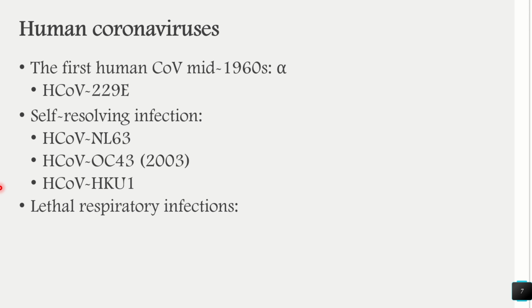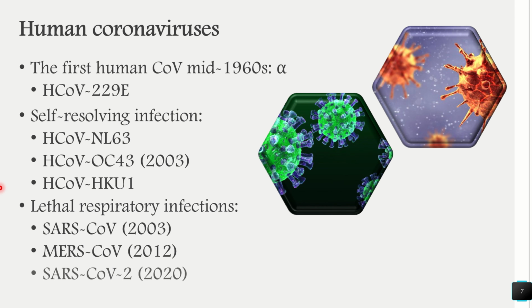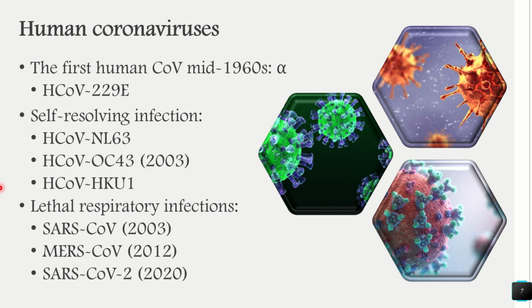There are also severe acute respiratory syndrome coronavirus, SARS-CoV-1, Middle East Respiratory Syndrome coronavirus, MERS-CoV, and the newly identified severe acute respiratory syndrome (CoV-2), SARS-CoV-2, which can cause lethal respiratory infections in humans.